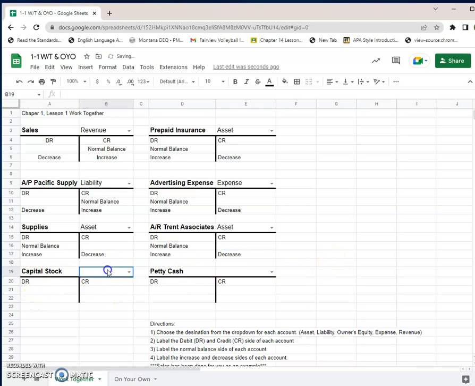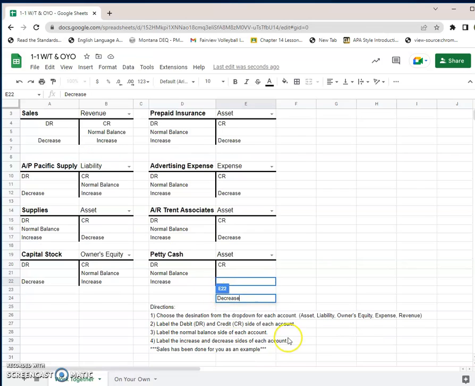Capital stock, it's part of your owner's equity section, which means its normal balance is going to be a credit, and it will increase with a credit, decrease with a debit. Petty cash is an asset, which means its normal balance is a debit, and it increases with a debit and decreases with a credit.